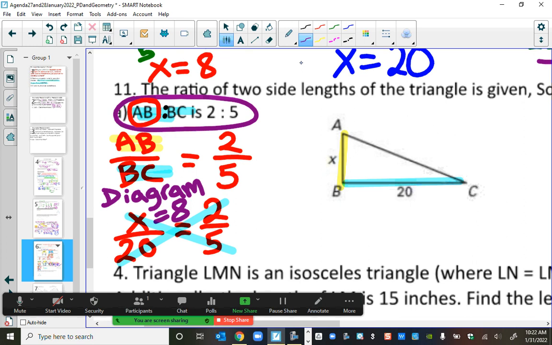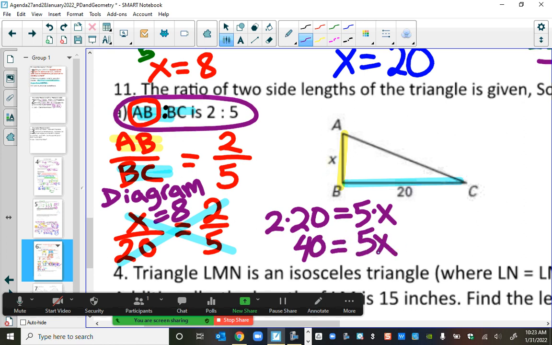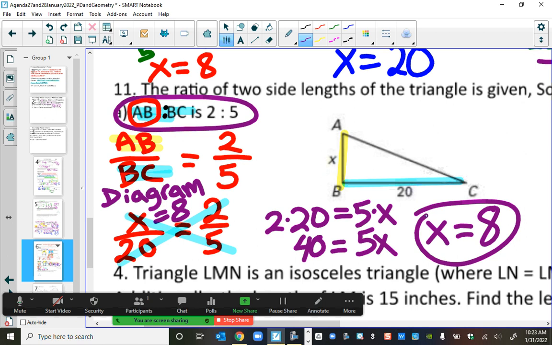In the end, you have 2 times 20 equals 5 times X, and 40 equals 5X. So then X would equal 8. Okay, questions? Any questions up to this point?